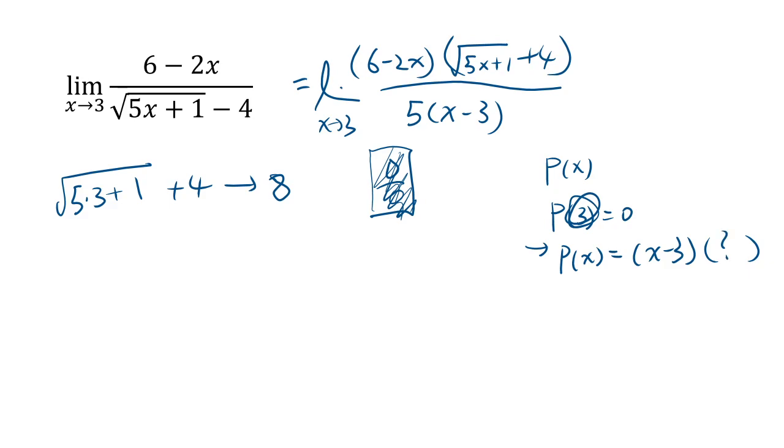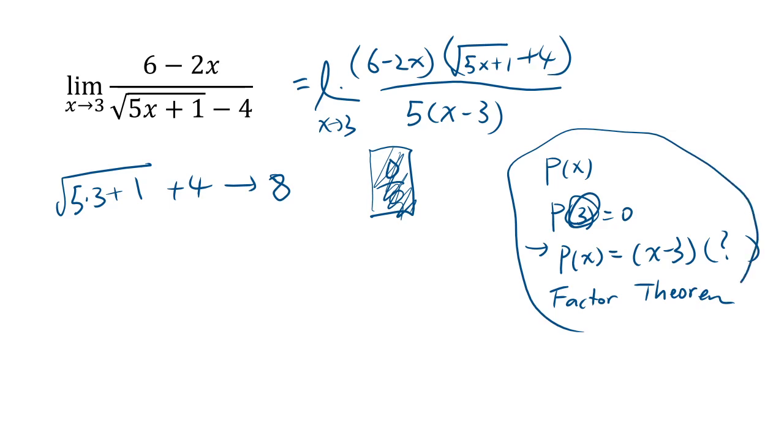And this is what we call the factor theorem. If you forgot your pre-calculus, go back and review this factor theorem. And it saves us because I know that x minus 3 is in the bottom. So if there's x minus 3 on the top, then I can cancel them, right? So how do I do that? Well, try to see x minus 3 times what gives you 6 minus 2x.